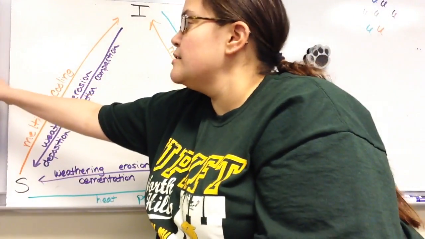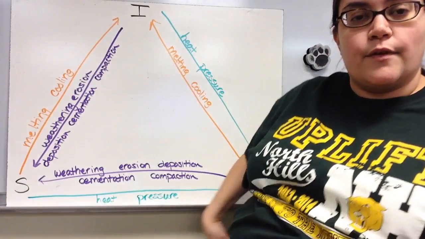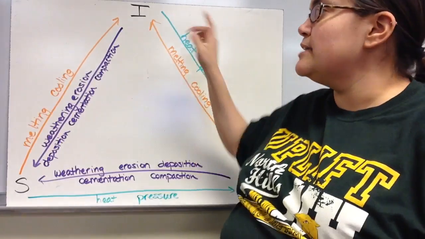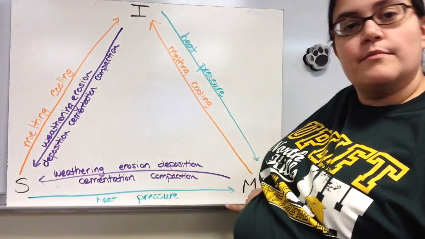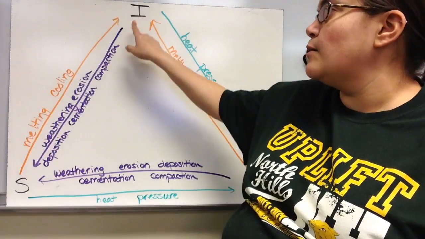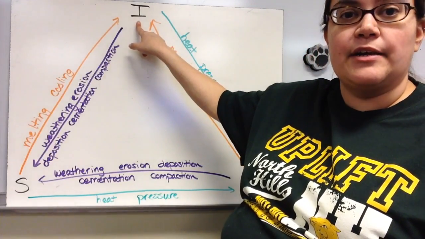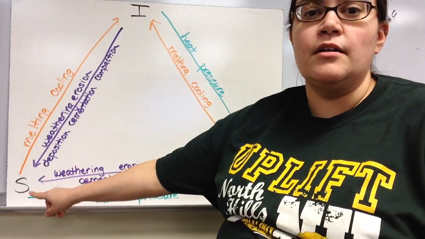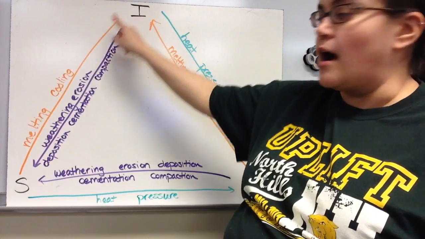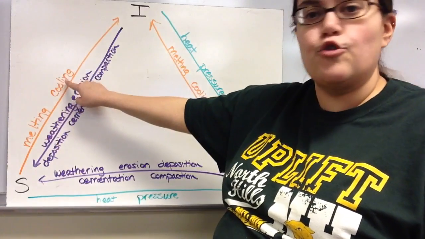So a good way to really understand the rock cycle is to draw this triangle. And as you can see, each type of rock can be formed into the other 2 types. So let's take a look at that. We have igneous rocks up here at the top. If we start with a sedimentary rock and we are trying to become an igneous rock, we have to melt and cool.